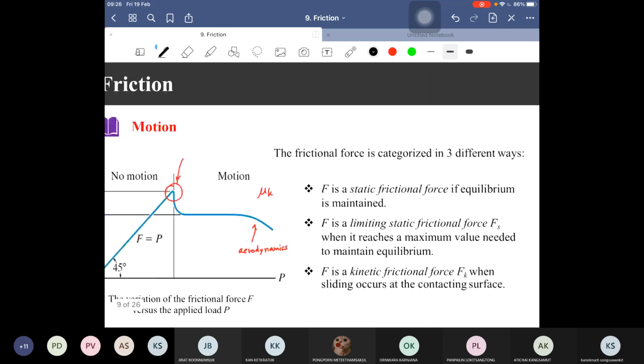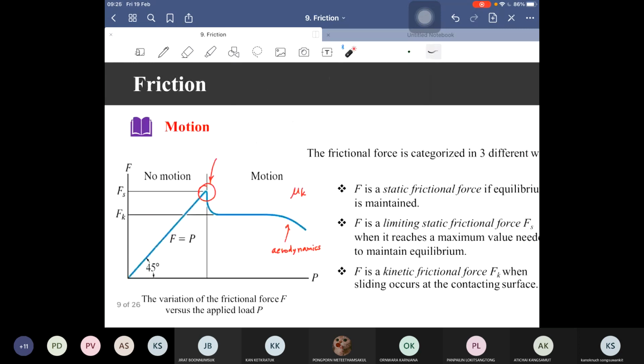From this graph, the object will stay in equilibrium if the force P is smaller than Fs max.